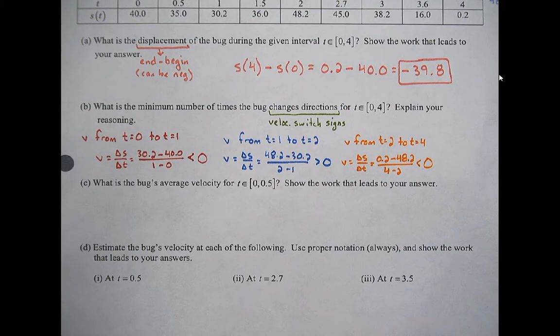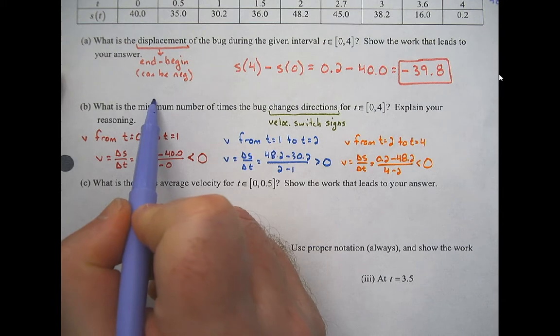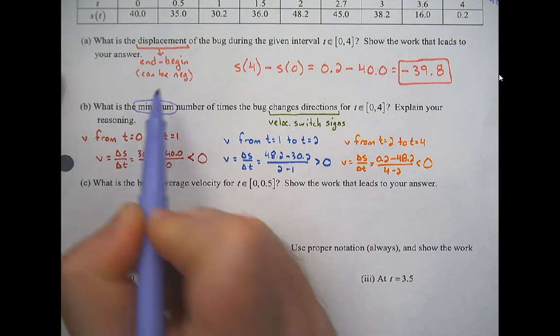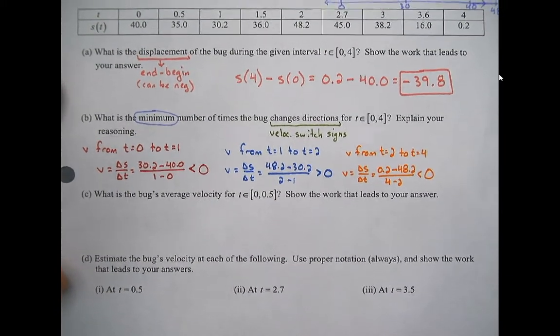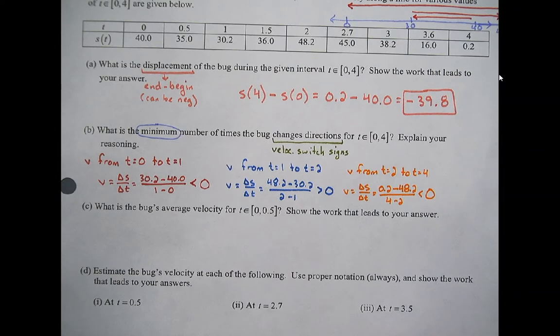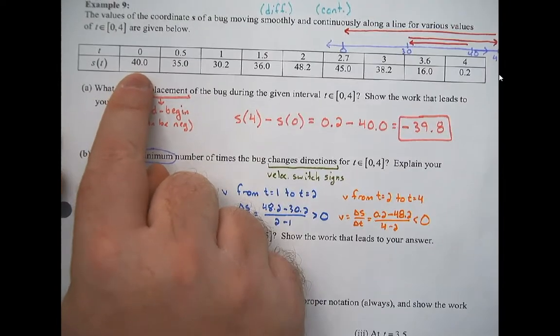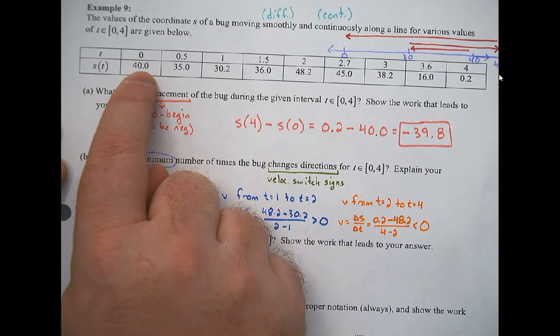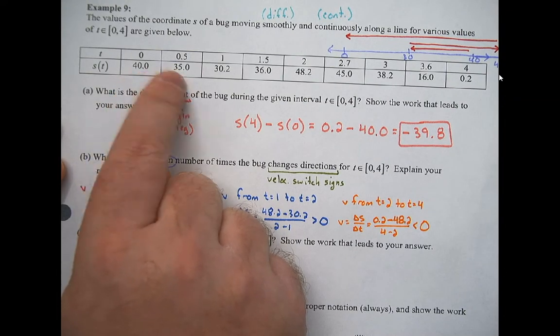Now, let me just go back. Notice in the sentence, they said, what is the minimum number of times? Why do we only care about the minimum number of times? Well, because for the maximum, this thing could have changed directions infinitely many times. It could have changed directions a bunch in between 40 and 35.